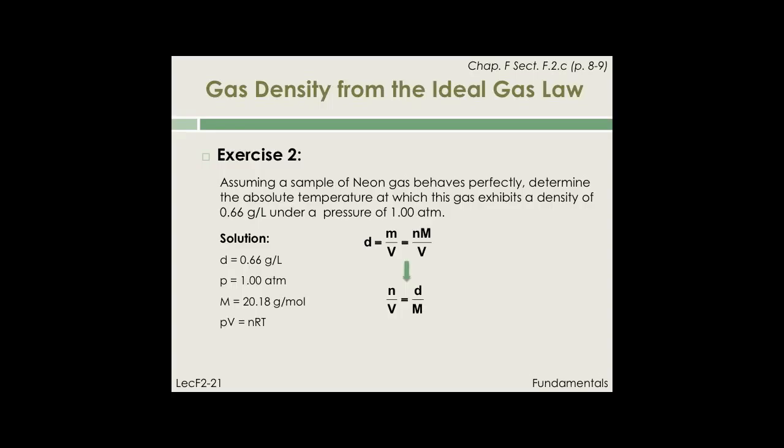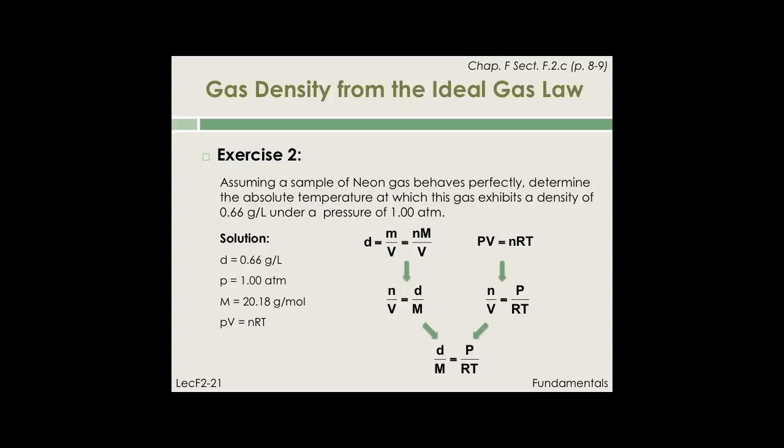We can also rewrite the ideal gas law PV equals nRT as n divided by V equals P divided by RT. We can now combine these two equalities and obtain D divided by M equals P divided by RT.